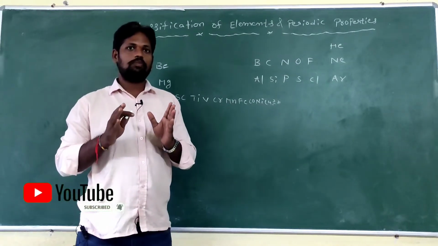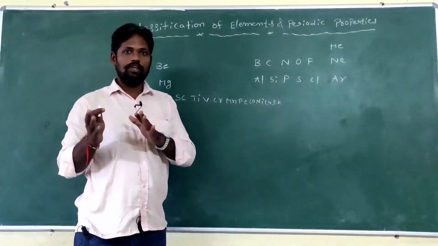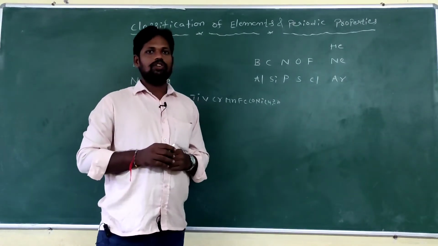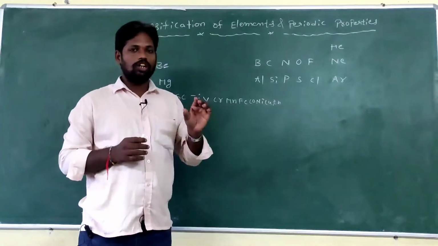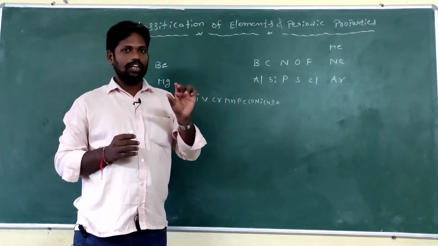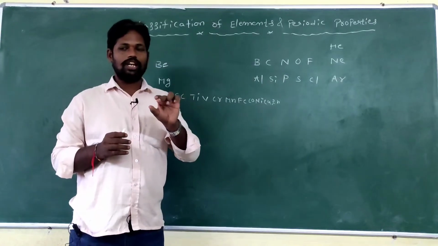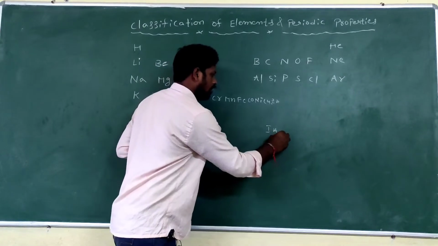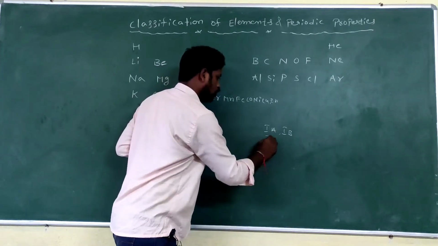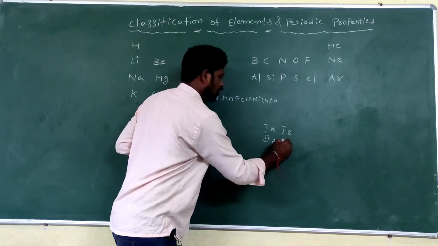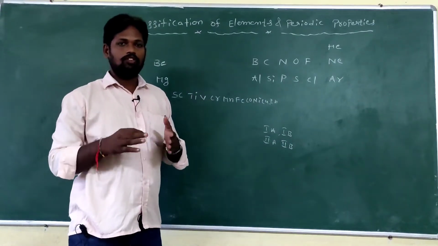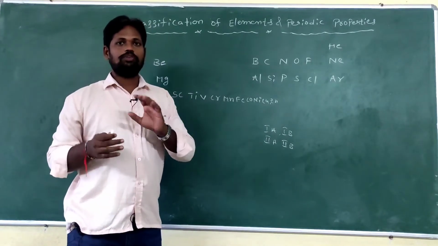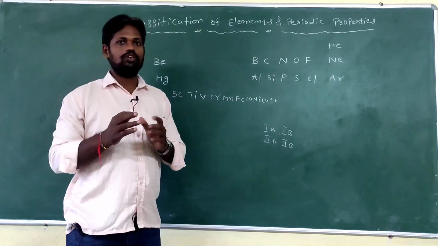Also you have to divide them into subgroups, A and B. The groups are numbered in Roman numerals 1 to 8, and each of the 1 to 8 groups is divided into A and B. That means 1A, 1B, 2A, 2B, 3A, 3B, 4A, 4B, and so on up to 8A and 8B. You have to identify the groups.